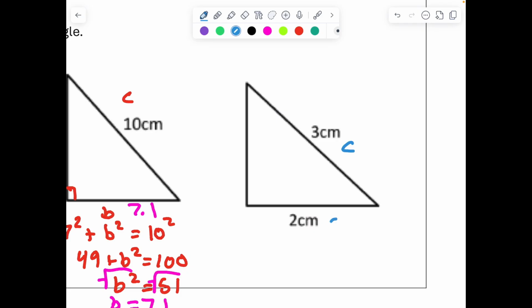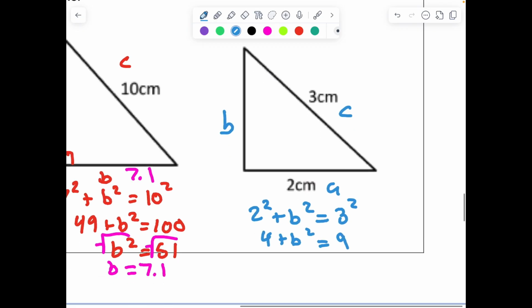Over here, we have our C, and we're missing B, so 2 squared plus B squared equals 3 squared. 4 plus B squared equals 9. And the square root of 5 is 2.2.